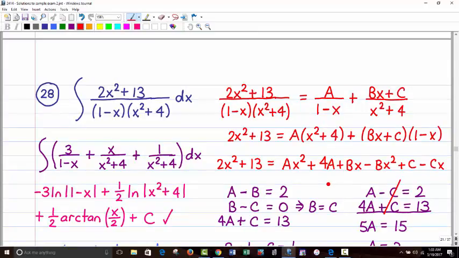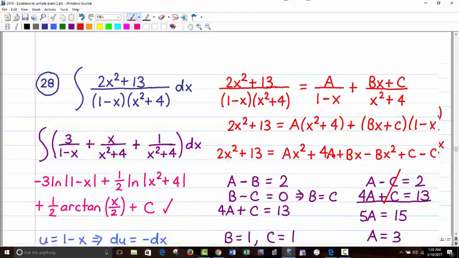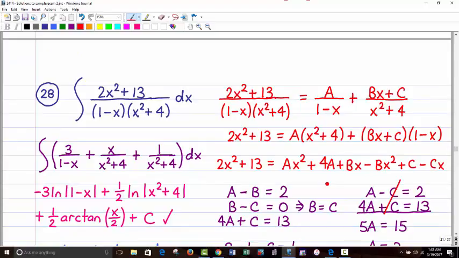Now, I chose to multiply this out. I guess one thing I could have done, even before multiplying it out, is that there's a couple ways you can go about this. If I had chosen 1 for x here, that would have wiped out bx plus c, and I can solve for a.